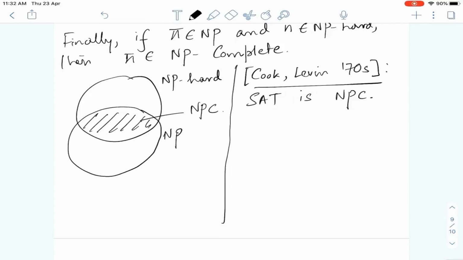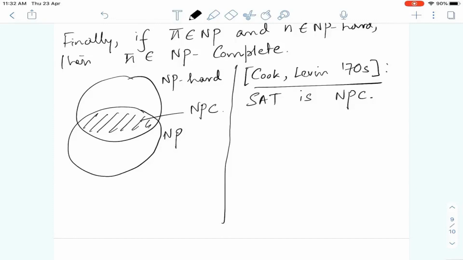So all you need to prove is two things. First, you have to prove that this is in NP, which is typically very easy to do. You just have to produce a verifier. And secondly, you just have to show that some problem which has already been proved to be NP hard reduces to your new problem.